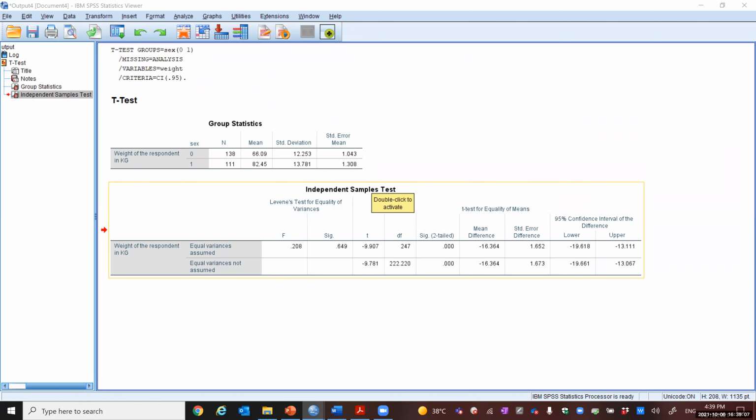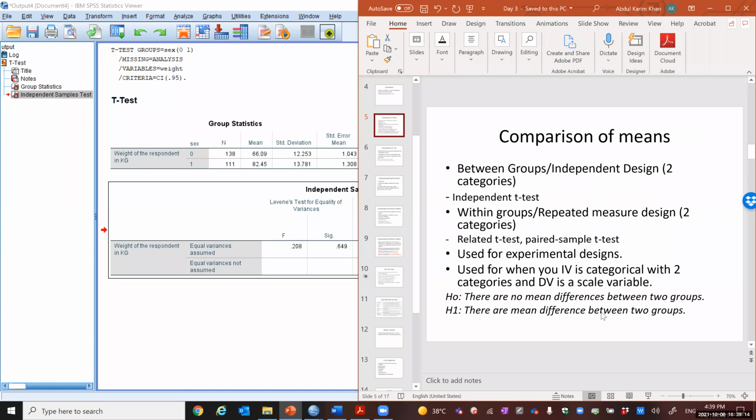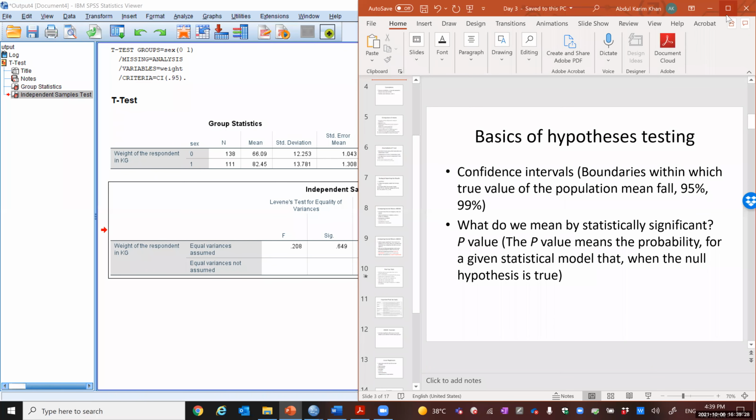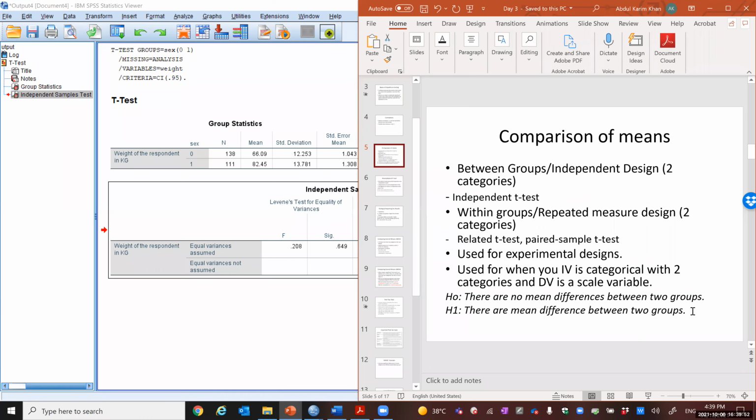Now, again, let me open the slides. H0 here says there are no mean differences between two groups, and H1 says there are mean differences between two groups.